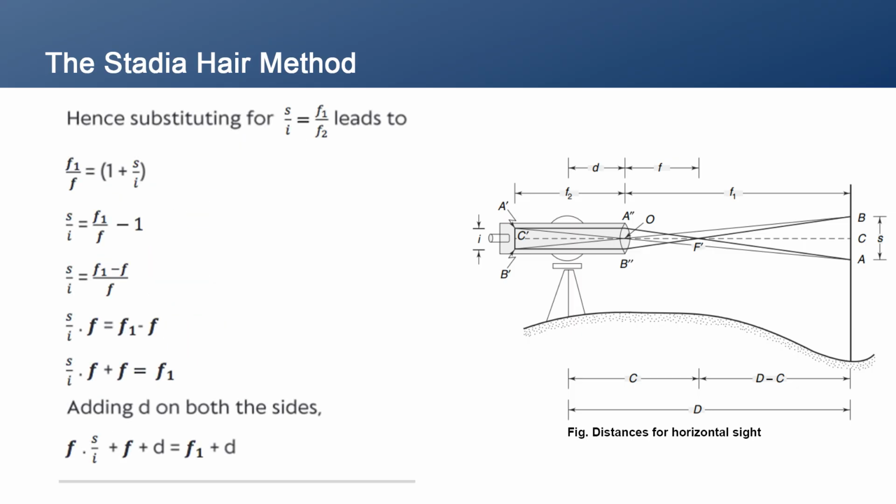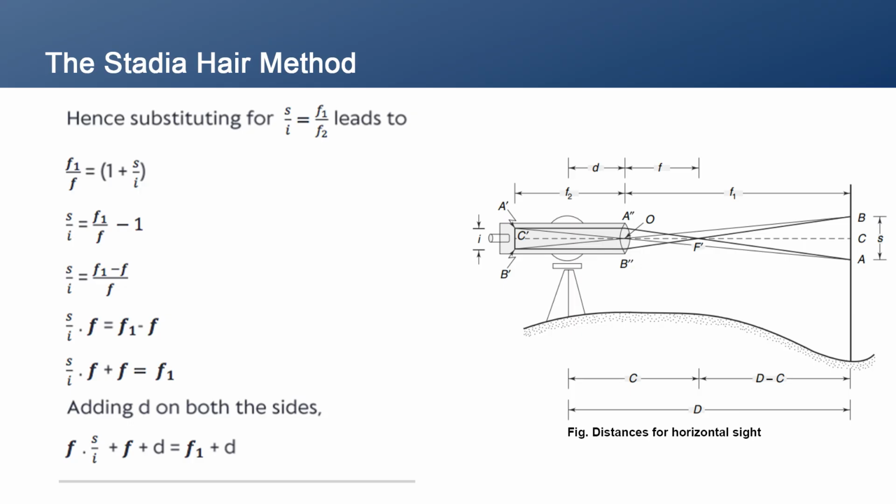Hence, substituting for S by i is equal to f1 by f2 leads to f1 by f is equal to 1 plus S by i. Taking 1 to the left side, we get S by i is equal to f1 by f minus 1. This can be further written as S by i is equal to f1 minus f by f. Now, taking f to the left side again, S by i into f is equal to f1 minus f.